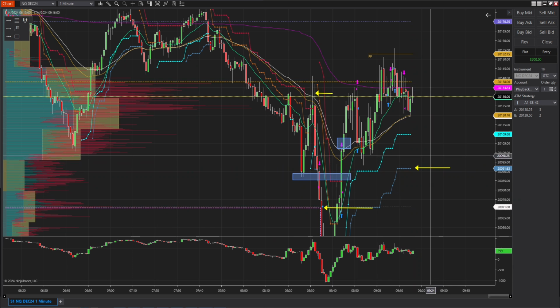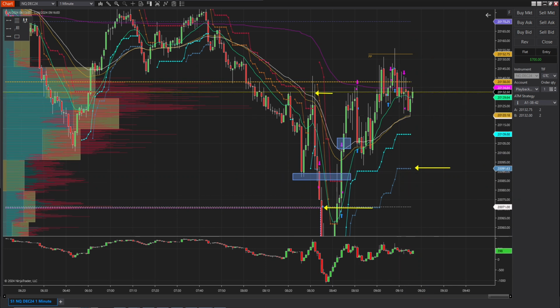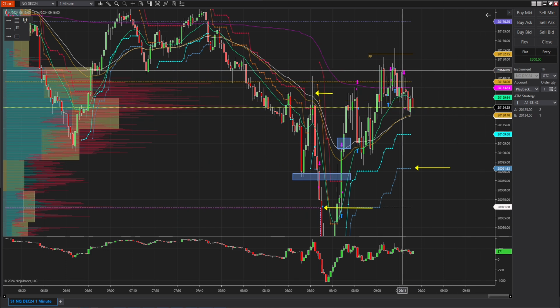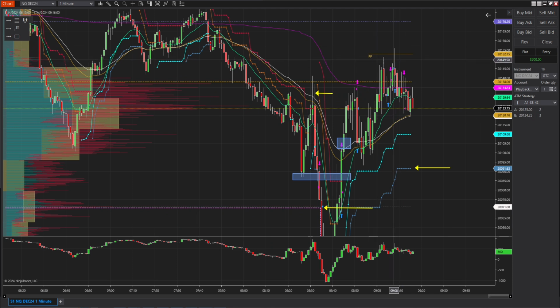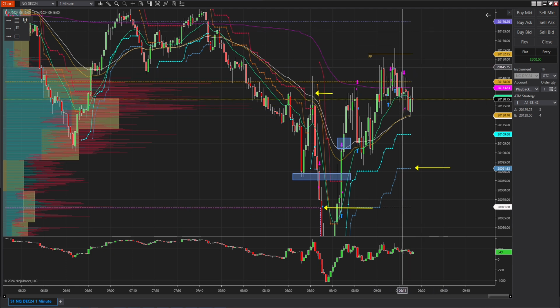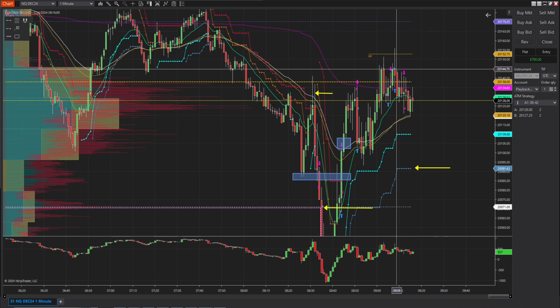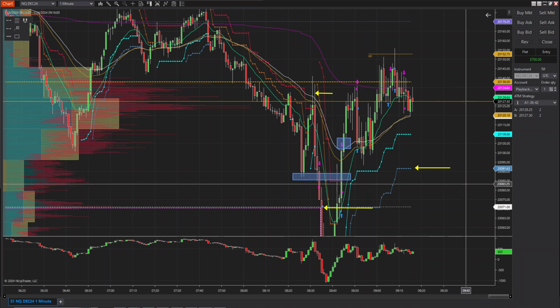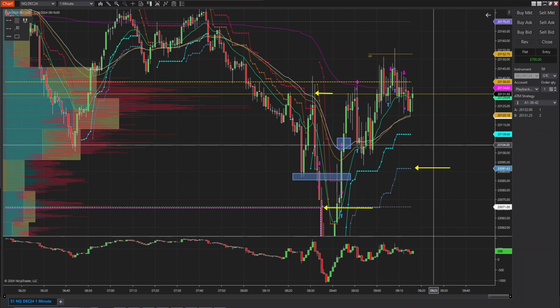Until then, it's better to stay out of any short trades. If I want to trade short, there's no need to jump in at the very peak, because sometimes that will be against the trend and it might continue. Instead, there will be plenty of other opportunities if it starts going down, so wait for those opportunities.